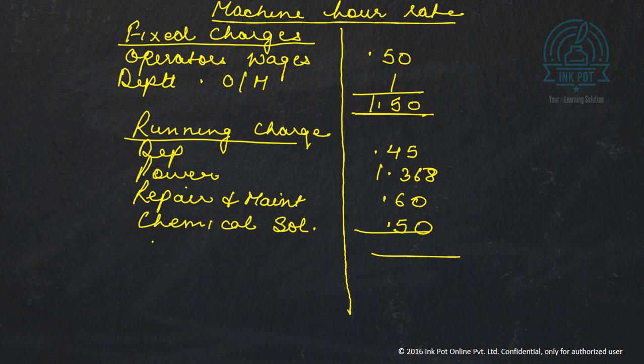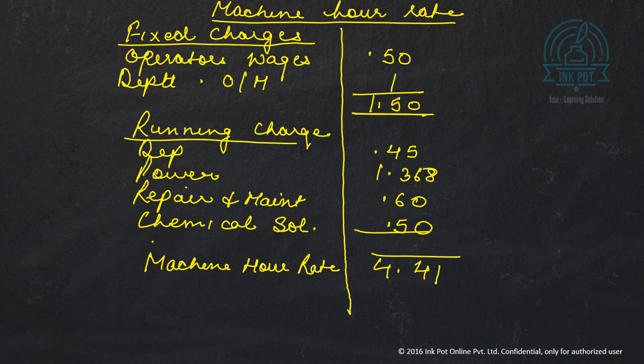I'm writing here the total also, one second, I'm totaling it: 0.45 plus 1.368 plus 0.6 plus 0.5, which is equal to 2.92 approximately.